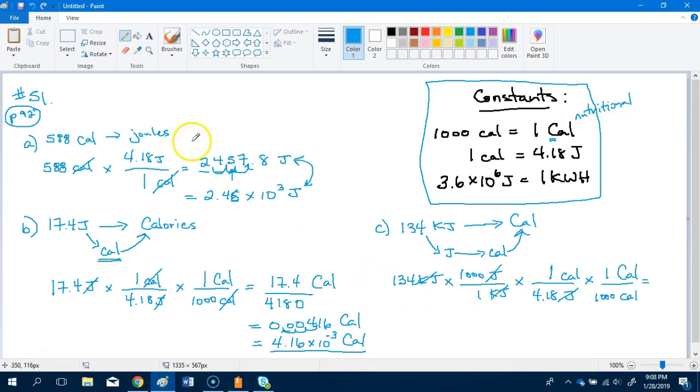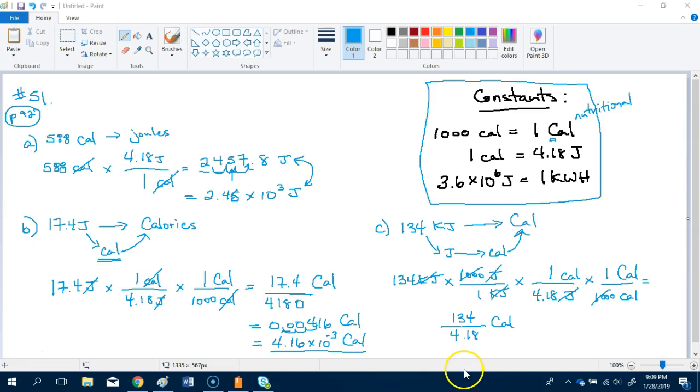is equal to, oops, even before I multiply 1,000, I should have noticed that I have 1,000 here and 1,000 here, so I can actually cancel out that as well, though it wouldn't have made a difference if I had multiplied. But what that's going to give me when I multiply across the top, I'll have to write it here because I'm running out of room, is 134 over 4.18 calories.